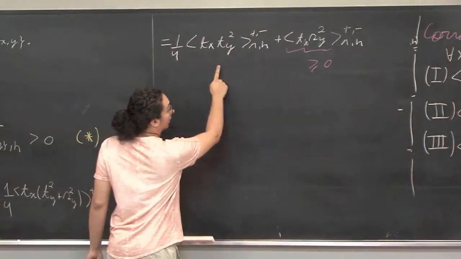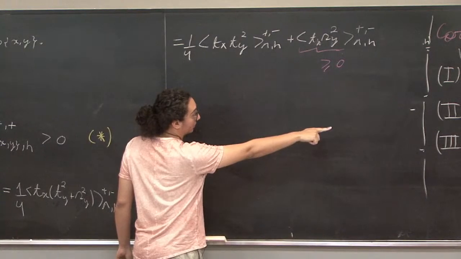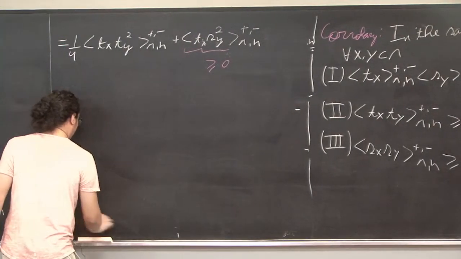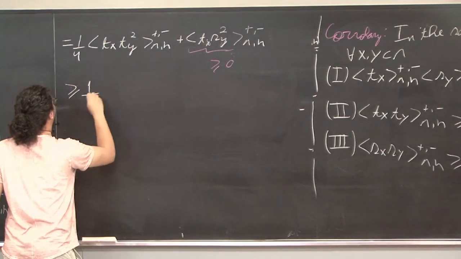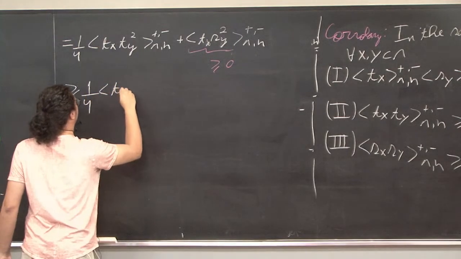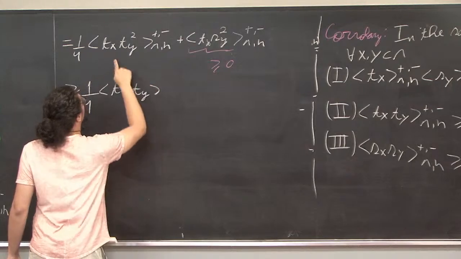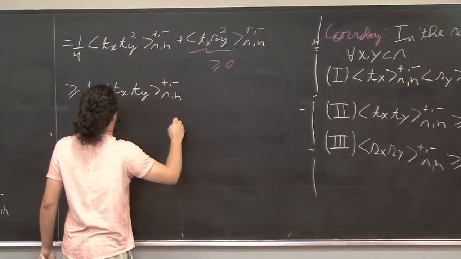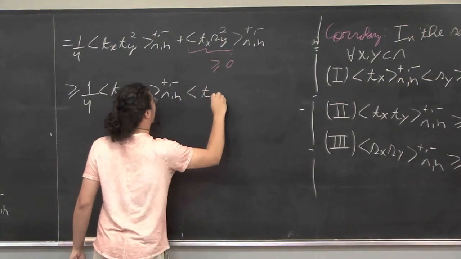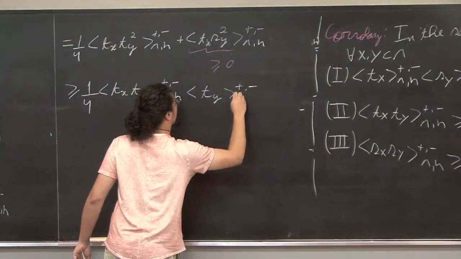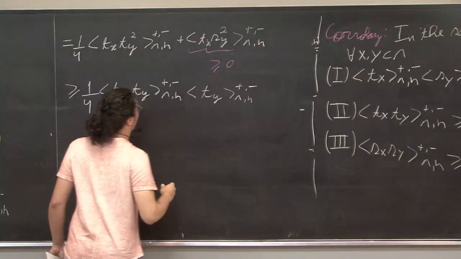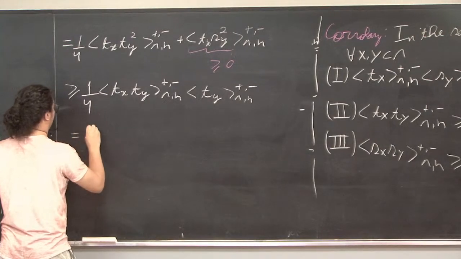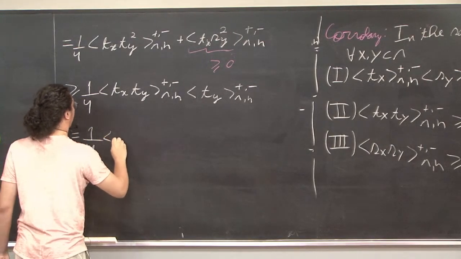And this thing here, you can split it, right? So this thing here is actually bigger or equal than 1/4. And here you have T X, T Y, here is small x plus and minus lambda h. And here you are left with T Y plus and minus lambda h. Okay? And again, let me just rewrite that as the difference, so it's clear what we're doing.